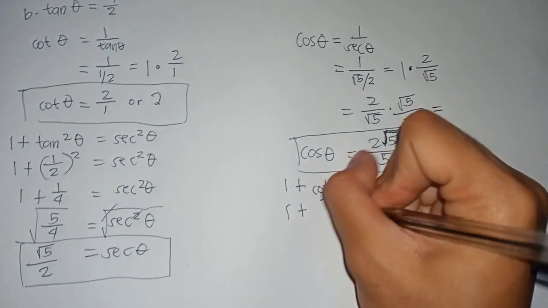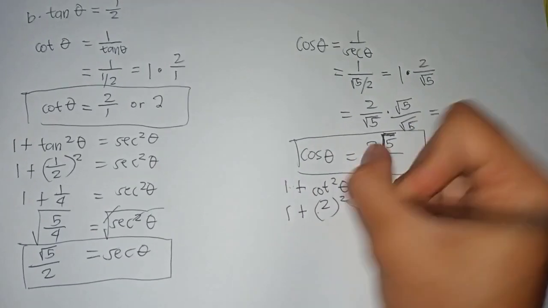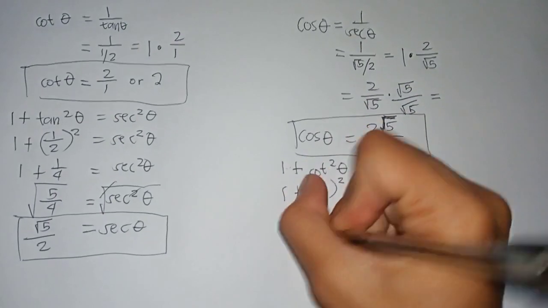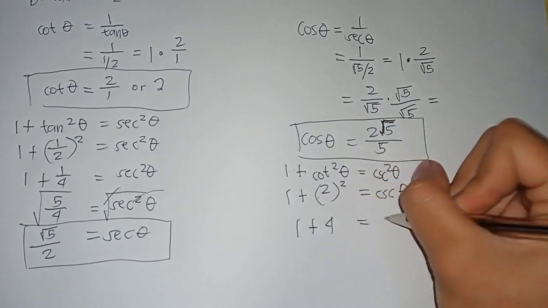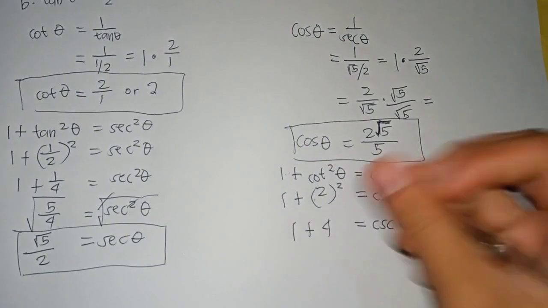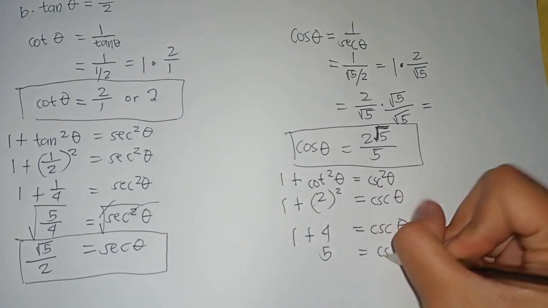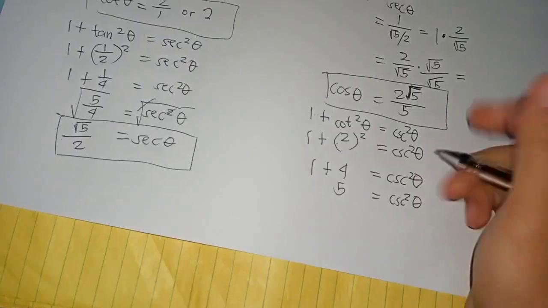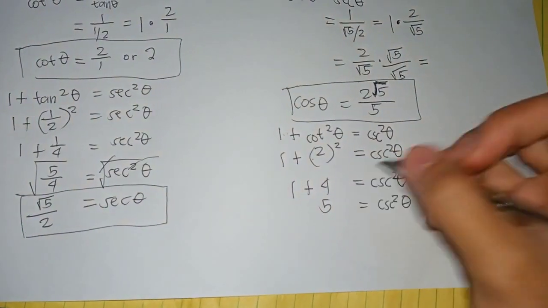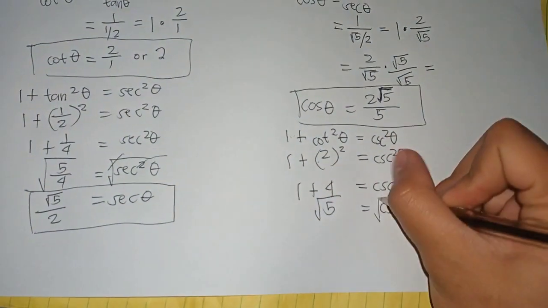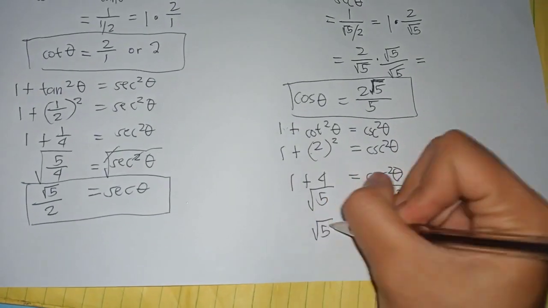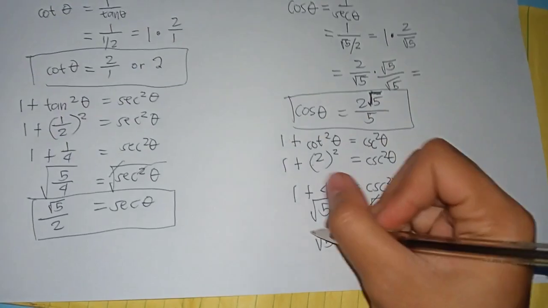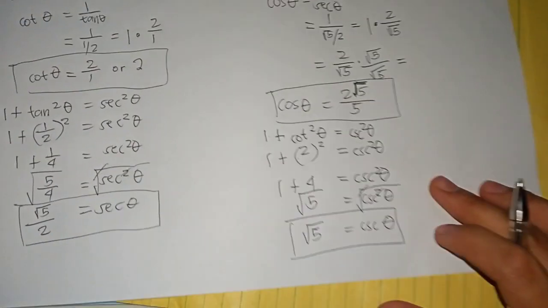We have 1 plus 2 squared, so 1 plus 4 is equal to cosecant squared theta. So 5 is equal to cosecant squared theta. Take the square root of both sides. So we have square root of 5 is equal to cosecant theta. So this is going to be our cosecant theta.